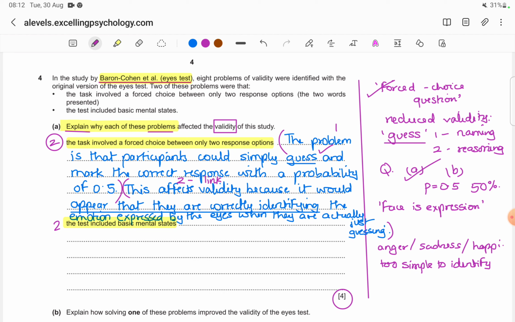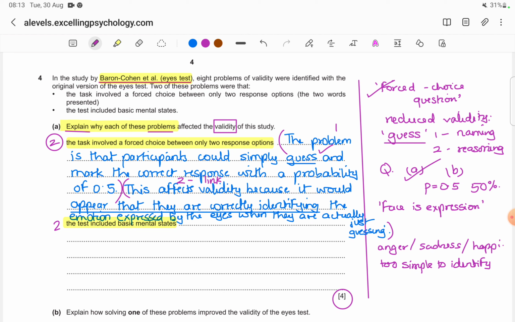This is not what happens in the case of complex emotions like jealousy or guilt or embarrassment. Those emotions are not so obviously seen in the face or body language of a person. So if something is too easy to identify, participants will be able to easily answer those questions, and we have the problem of construct validity.